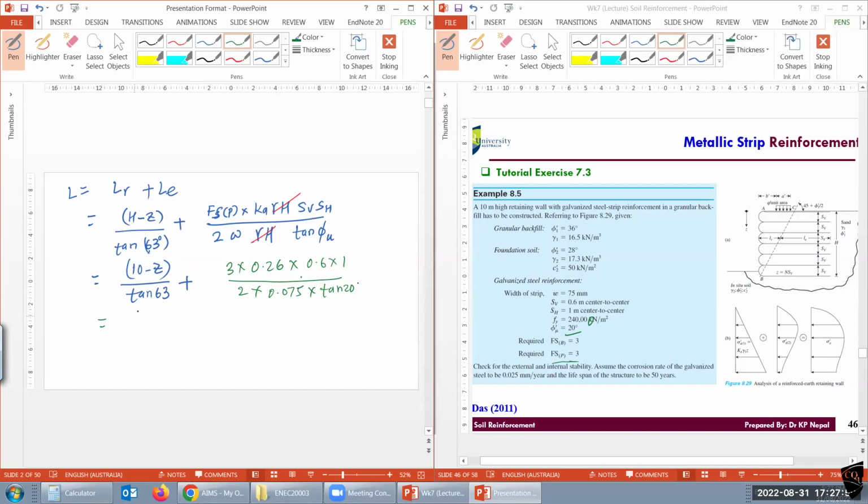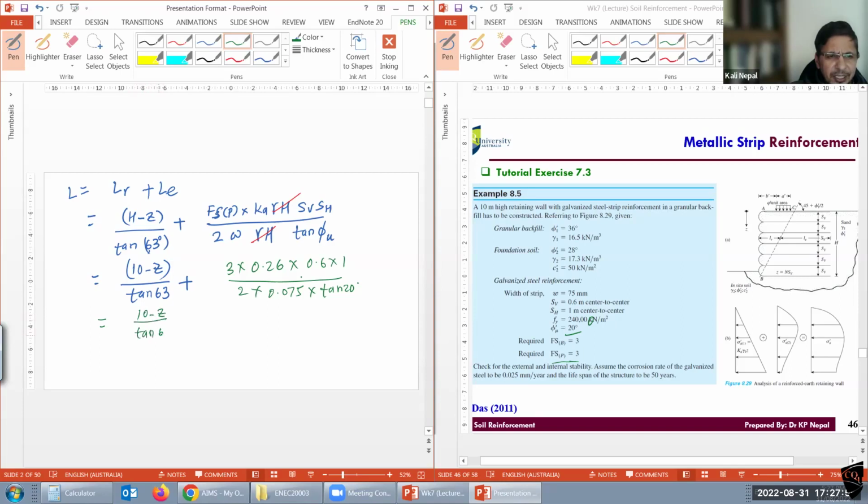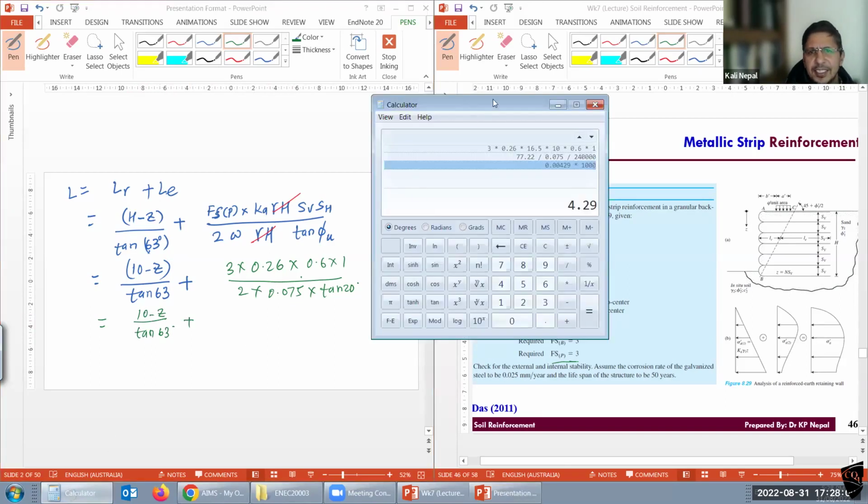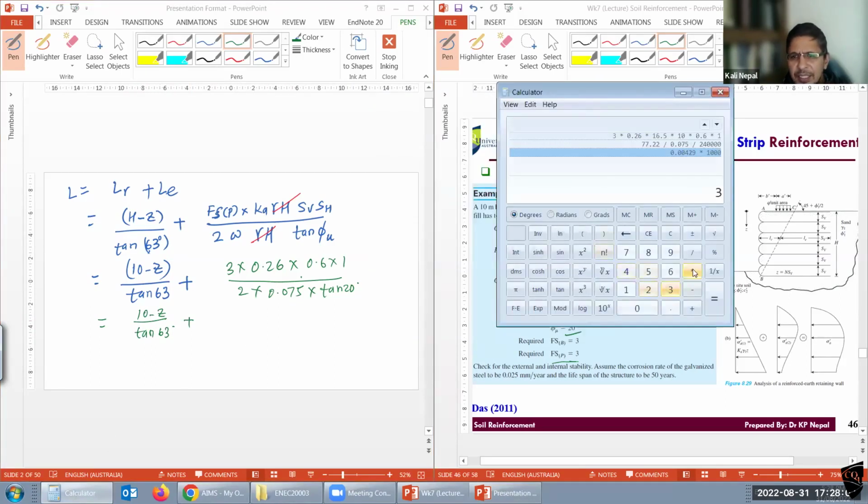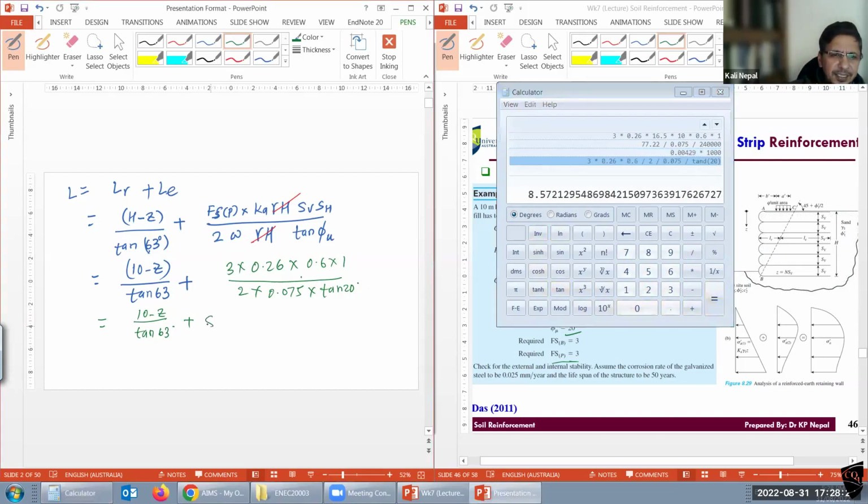So now 10 minus Z divided by tan 63 degrees, plus, can you compute this all? Because that looks constant, so it does not change anyway. So 3 times 0.26 times 0.6 divided by 2 divided by 0.075 divided by tan 20 equals 8.57, right?